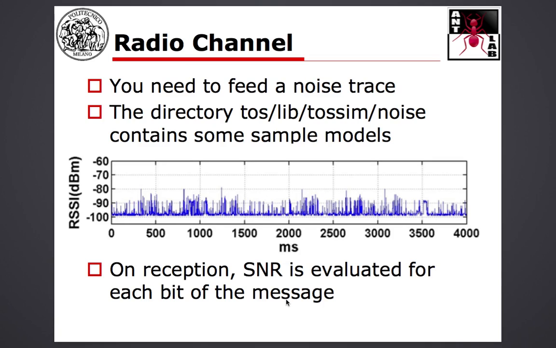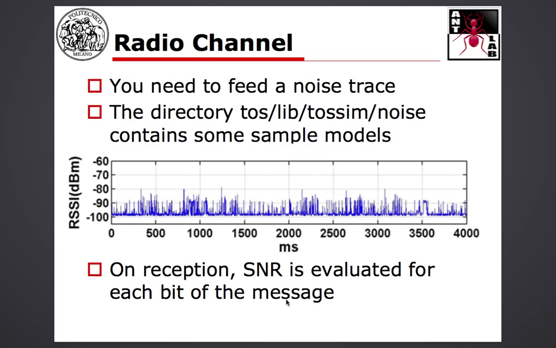And what is actually done, you feed the simulation a noise trace like this, okay, with some spikes of noise here and there. And whenever a packet is received in your simulation, you evaluate the current value of noise that you have in this trace, and you compare it with the channel gain that you have set on your link. Okay?